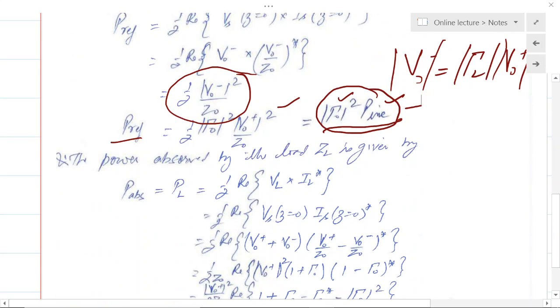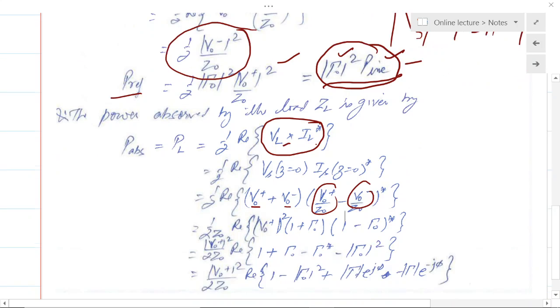Now what is the power absorbed by the load? The power absorbed by the load will be just VL into IL, this you will use. Now what is VL? VL is the total voltage at z equals 0, and IL is the total current at z equals 0, which is going into the load. So VL will be the sum of the incident voltage and the reflected voltage. Similarly, current will be the sum of these two components.